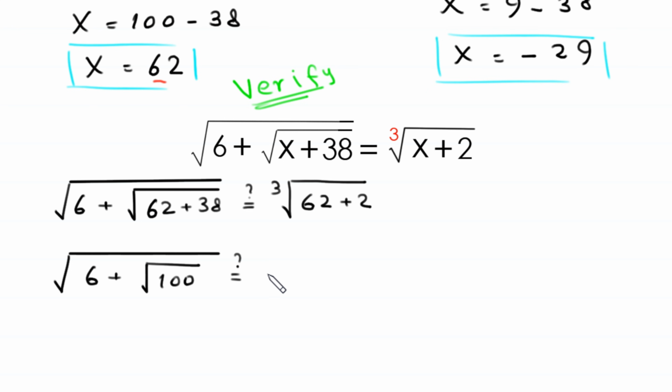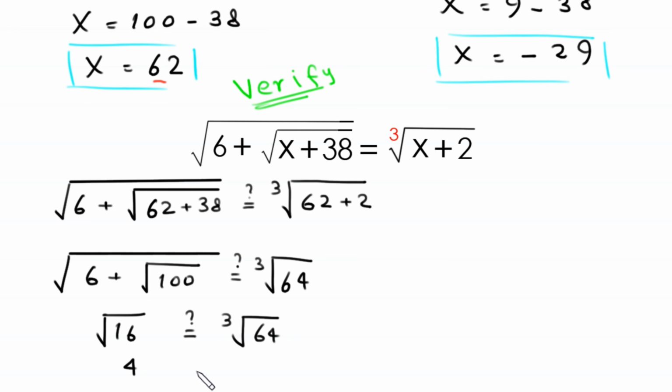Is this equal to the cube root of 62 plus 2, which is 64? Root 100 is 10, so this will become root 16. Is this equal to the cube root of 64? Root 16 is 4, and the cube root of 64 is 4. You can see that the left hand side is equal to the right hand side. It means that this value of x, 62, is a valid solution.